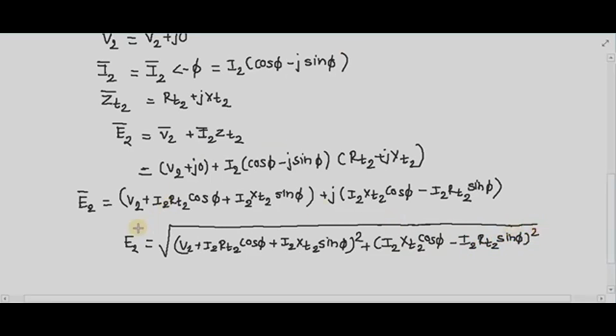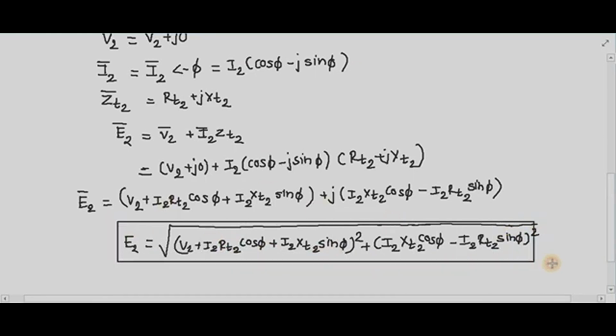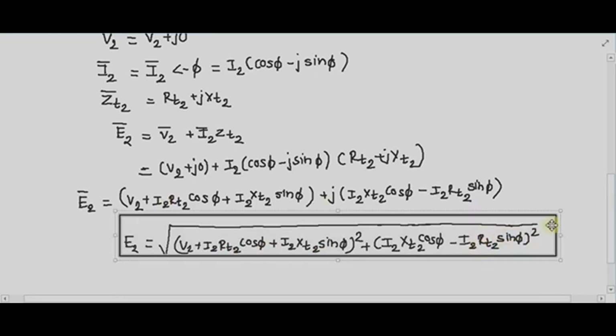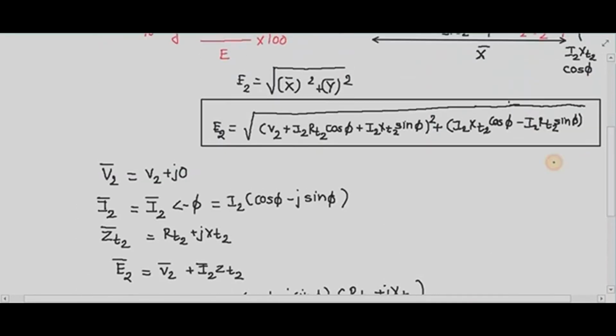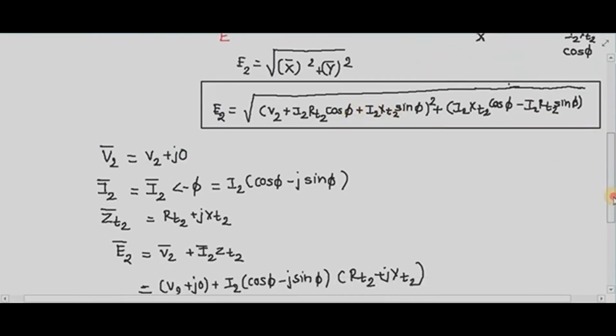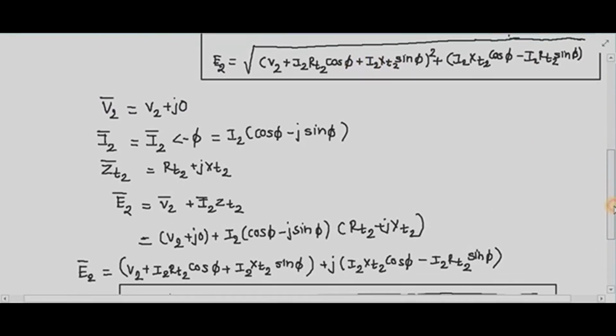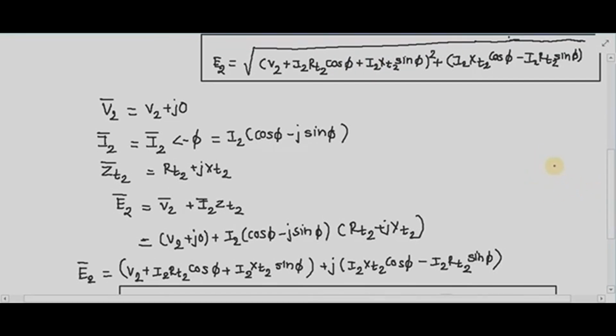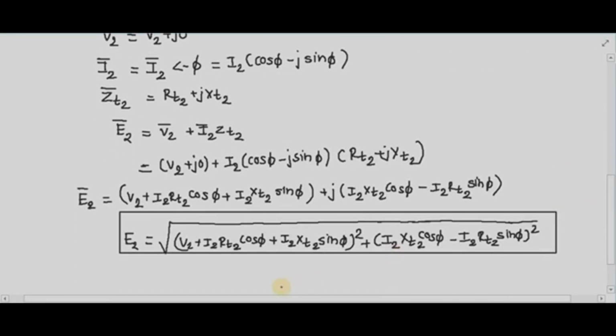So this equation and the equation for E2 that we got from the phasor diagram, both are the same. You can check it. Now the resistance and reactance drops are normally very small compared to V2.